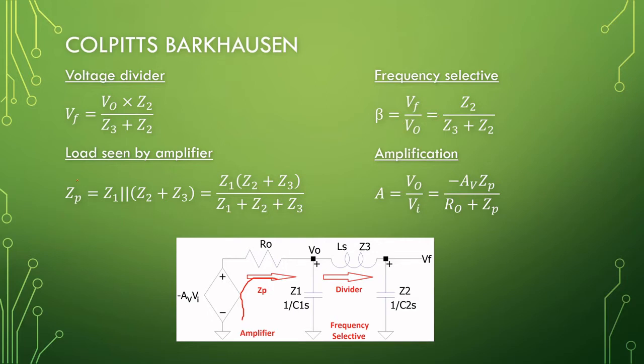Then we can define our parallel impedance seen by the amplifier. And this is the series combination of Z2 and Z3 in parallel with Z1. And our amplification thus is minus Av times ZP over Rout plus ZP. That is our loaded amplification.